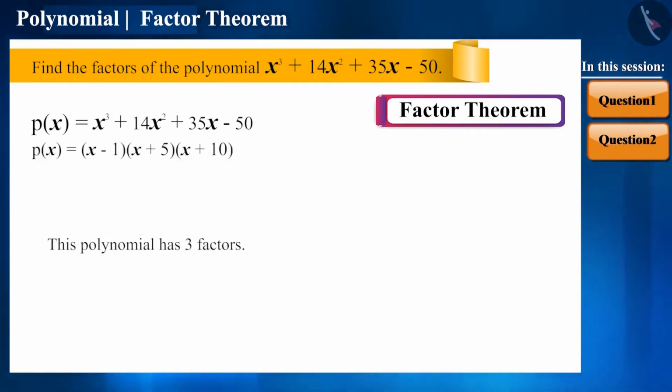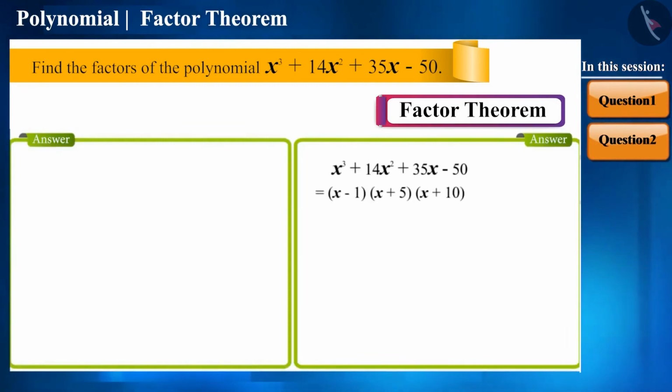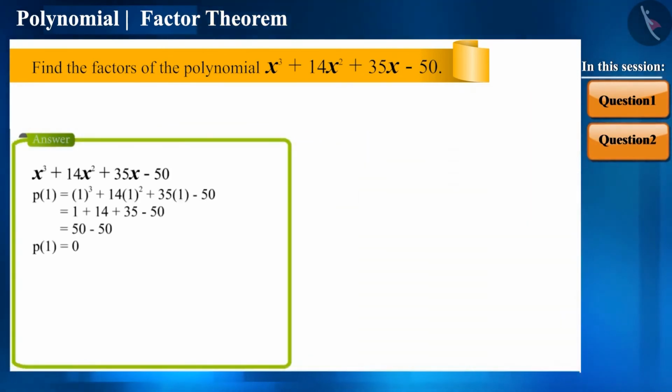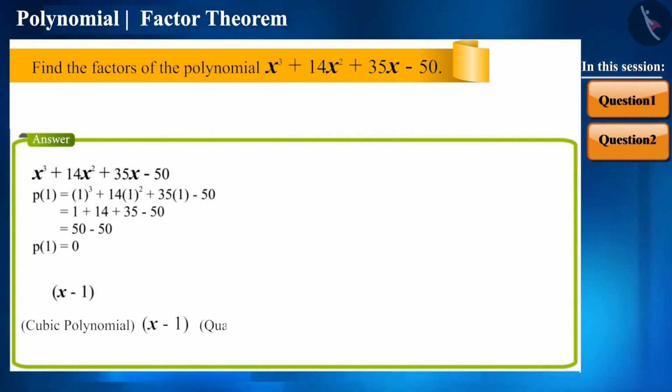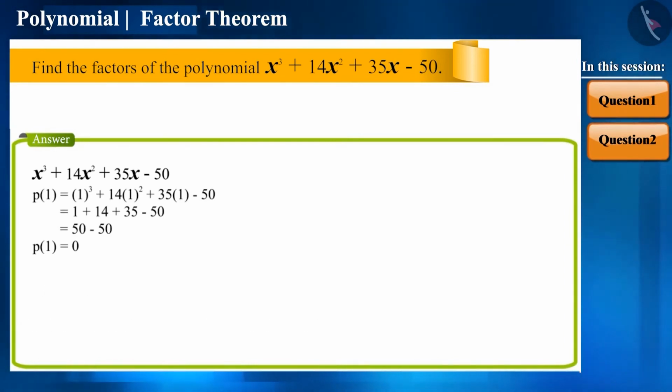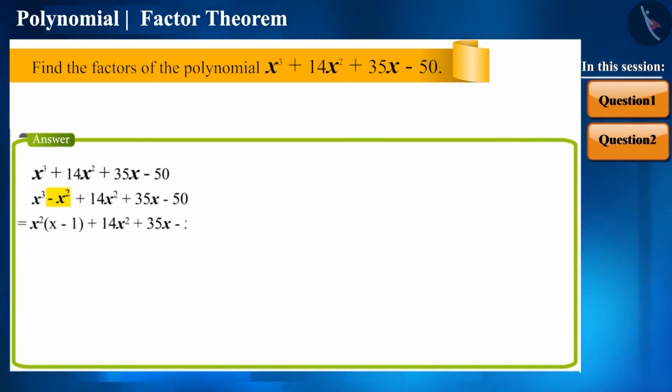Friends, after finding the first factor, you can solve it without finding the other factors. Let's see how. When we got p of 1 as 0, we derived our first factor x minus 1. So, now let's take x minus 1 common from this cubic polynomial. If this polynomial had minus x square after the first term, then after taking out the common x square, we will be able to write like this.